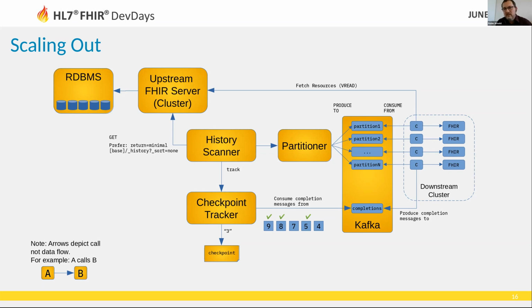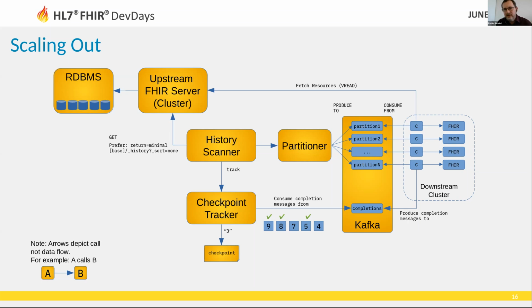And then on the downstream system, you'd have a consumer reading off a Kafka partition, and then going out to fetch the resource. The data that we're actually pushing out to Kafka here is not the full resource, remember. It is just the metadata, basically a pointer to the resource, the URL.